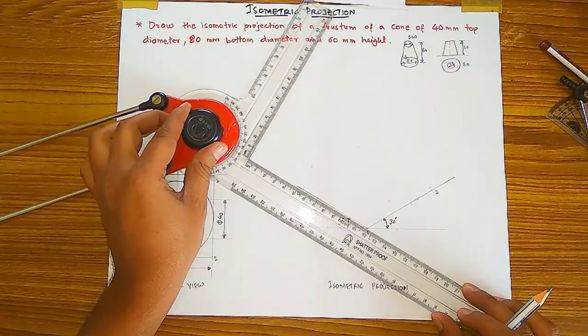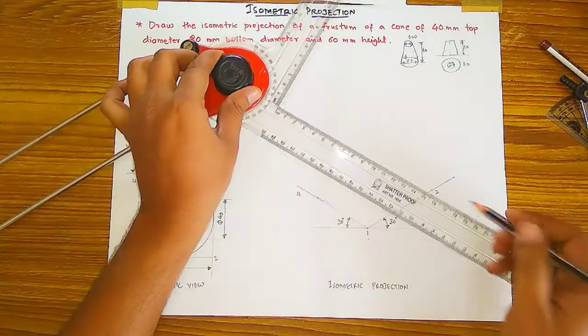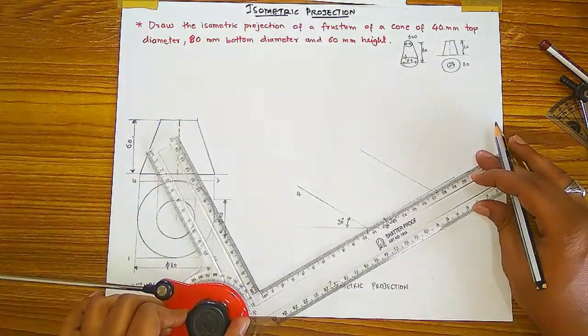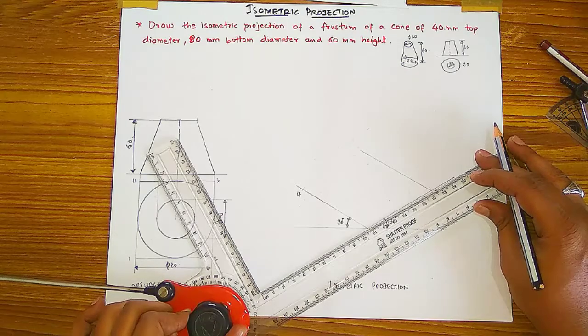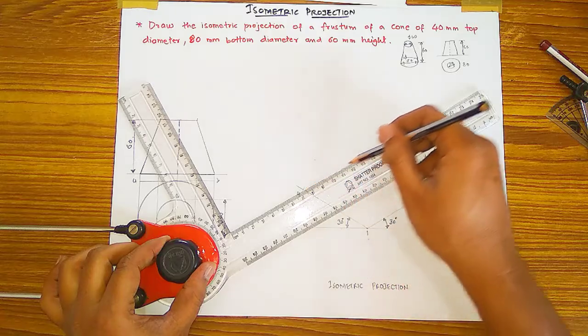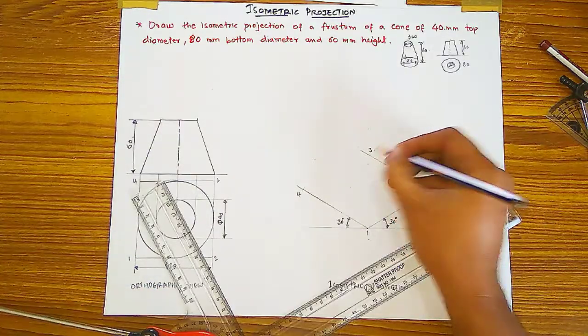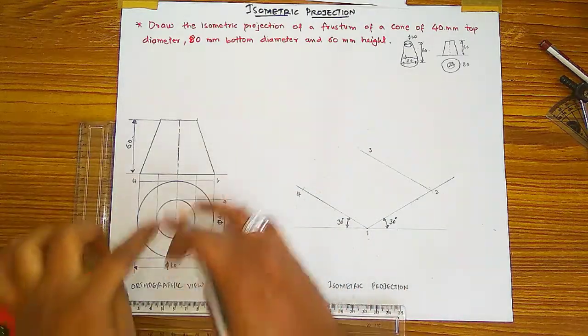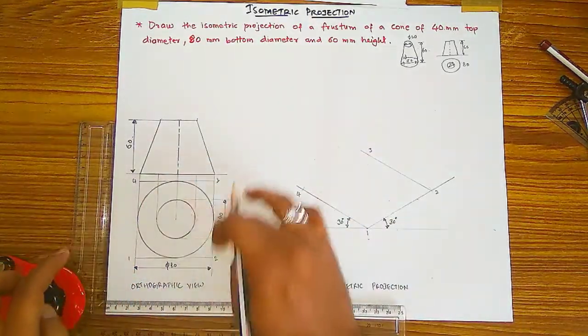So adjusting the mini drafter with that angle, from 2 draw a line like this, and from 1 to 2 adjust your mini drafter with that angle, and from 4 draw like this, and this point will be 3. It means rhombus 1, 2, 3, 4 has been created.